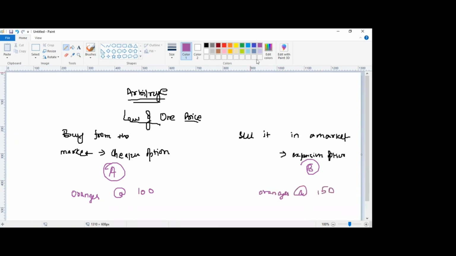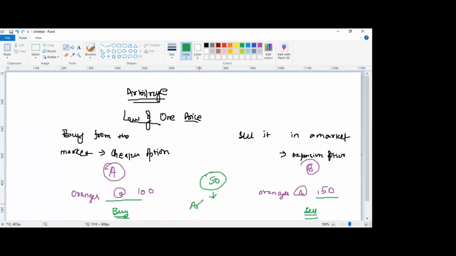Now, what we thought was, okay, let's buy in this market and sell in this market. So when we buy at 100 and sell at 150, we will be able to make 50 rupees.